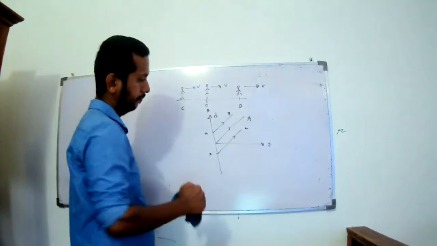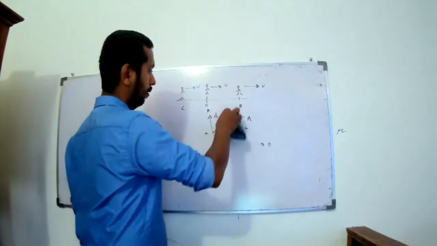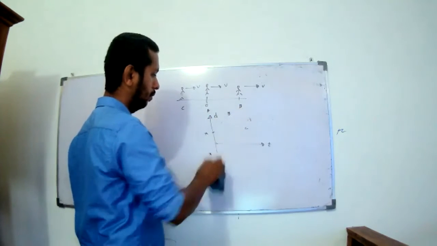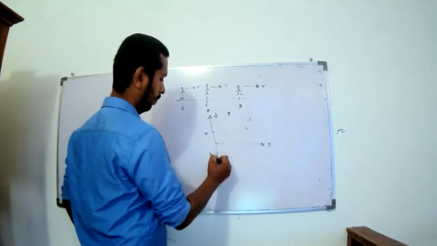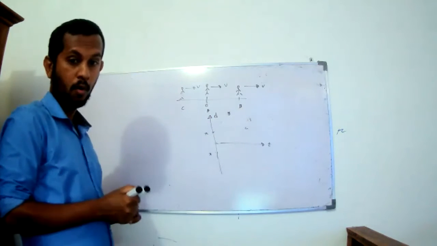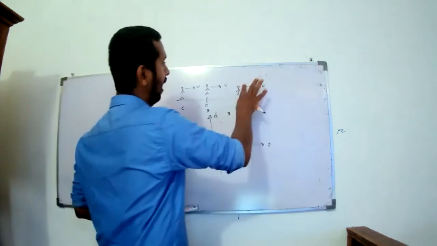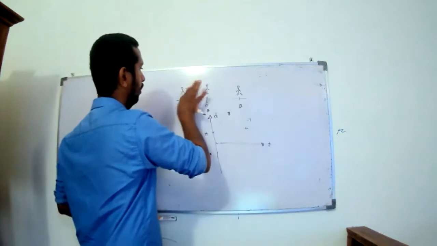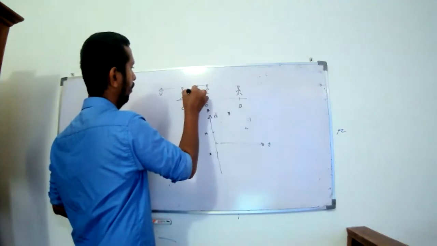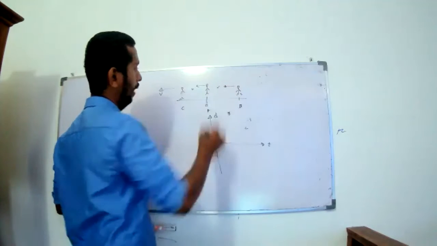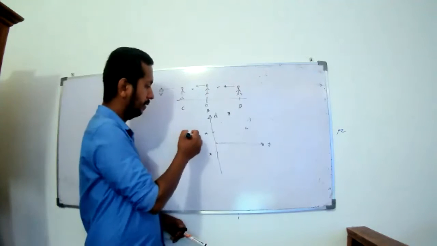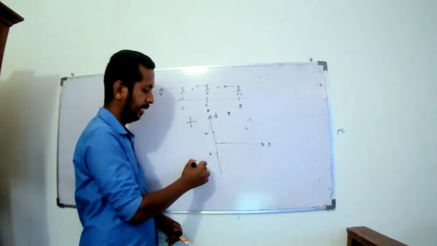And if this person wants to move towards the negative direction with velocity V, velocity towards the negative direction. So in this graph, this is the positive direction, this is the negative direction.